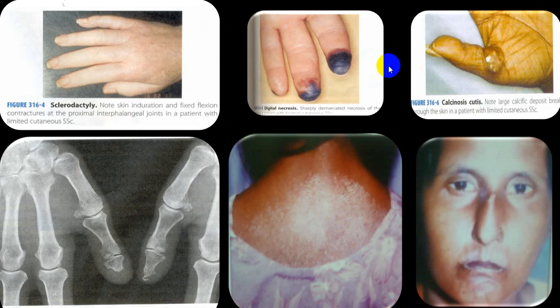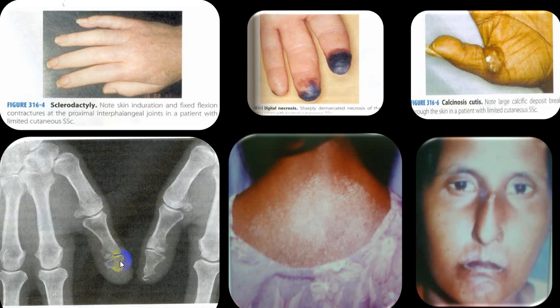Calcinosis cutis. This is a digital ulcer leading even to necrosis, and then this will fall off. And there is osteolysis going on. This is typical sclerodactyly. It is also called acro-osteolysis. Secondary to that, bone resorption takes place, and it is acro because of involvement of the blood vessel supply.